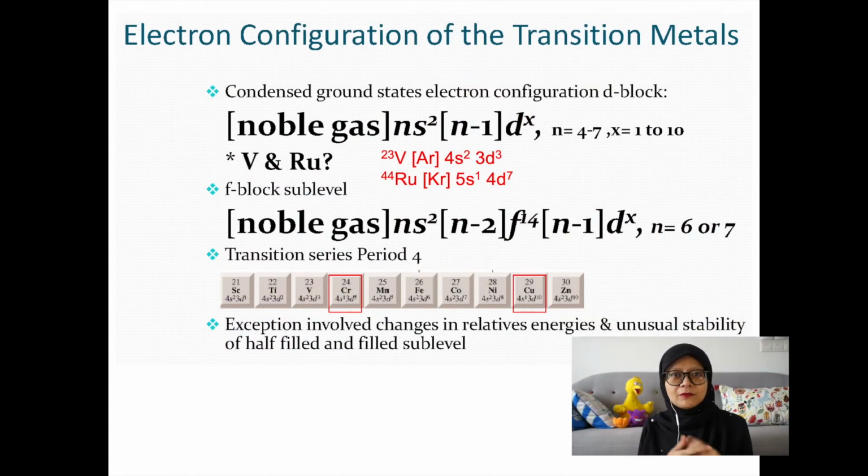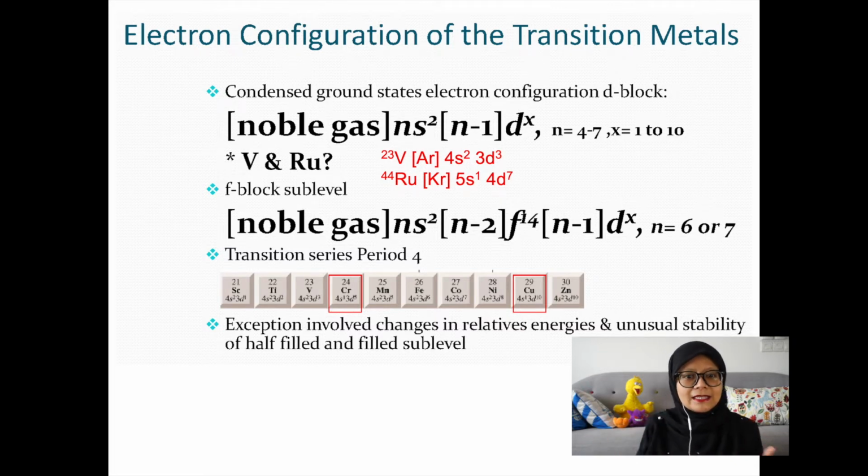In this part, we are going to learn how to write down the electron configuration of the transition metals. We have two types of electron configuration: the condensed electron configuration and the expanded electron configuration. Here we are dealing with condensed electron configuration.